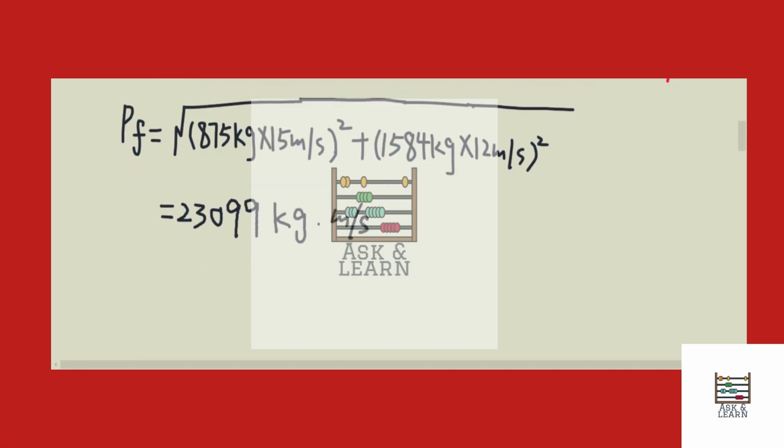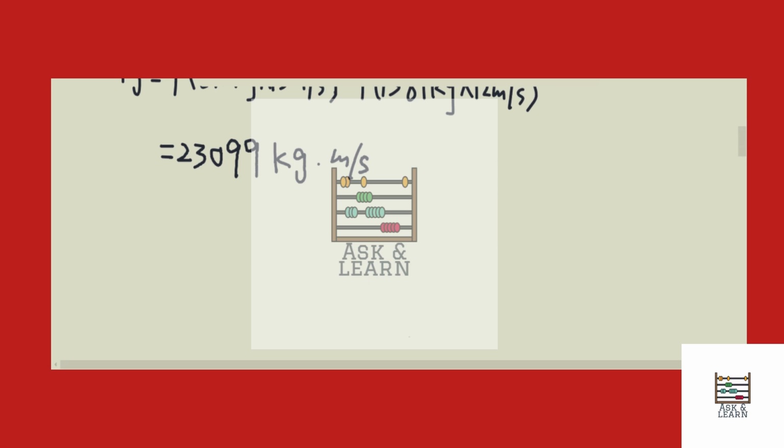Since now we have the final momentum, we can determine the speed of the rack. We know the final momentum is equal to the mass of the rack, which is the total mass of car A and car B, mA plus mB, times the speed.